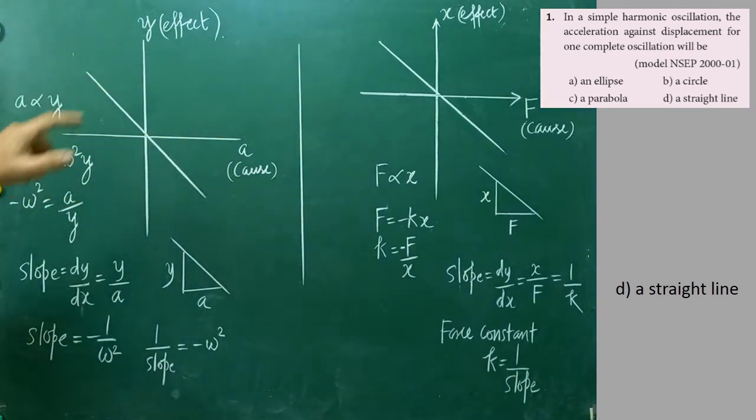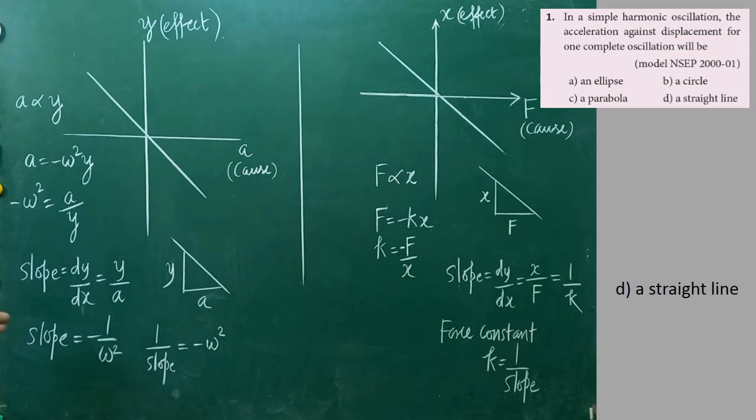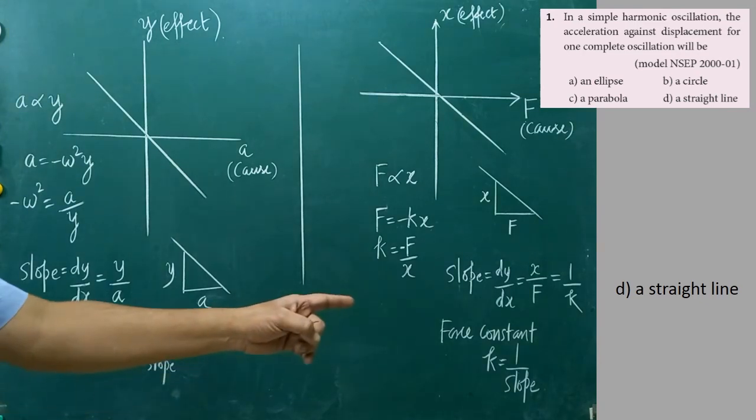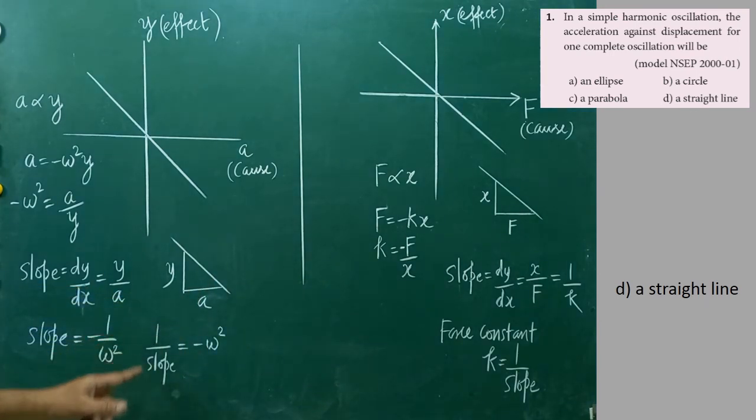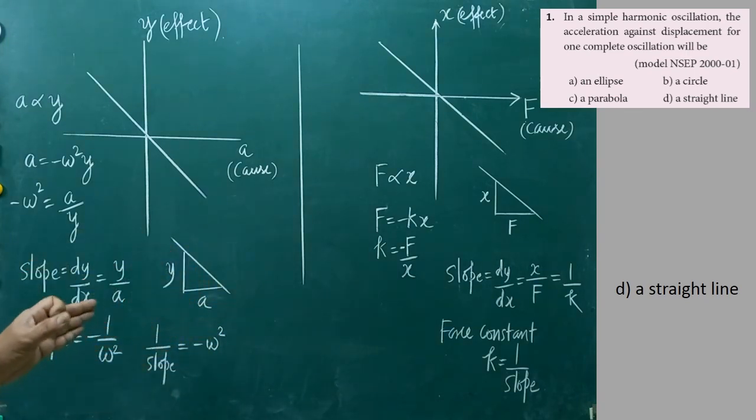Acceleration and displacement also have a linear relationship with one another. That's why you have got the straight line. Okay, very interesting one. Know the fundamentals. There, the reciprocal of the slope gives you the force constant. Here the reciprocal of the slope gives you minus omega square. Little things, small things, if clear, may be useful for solving problems. Okay, thank you.